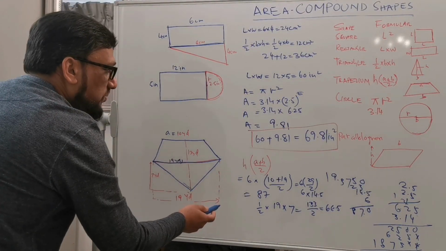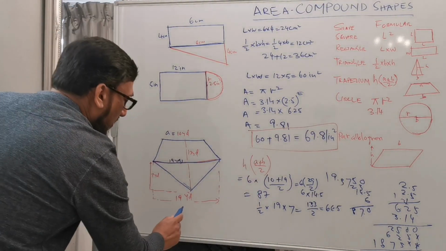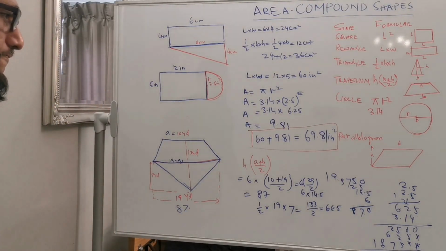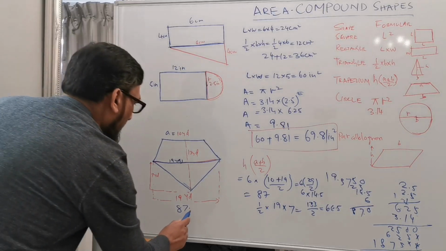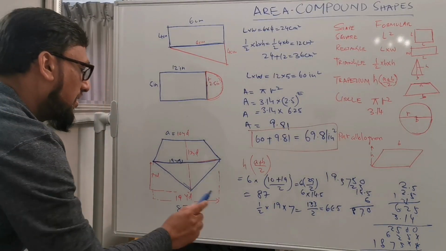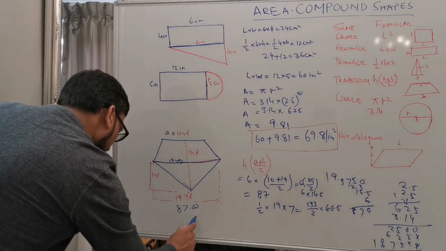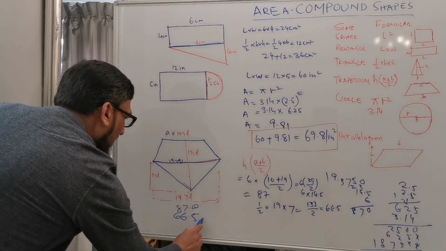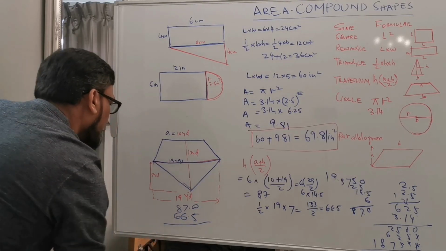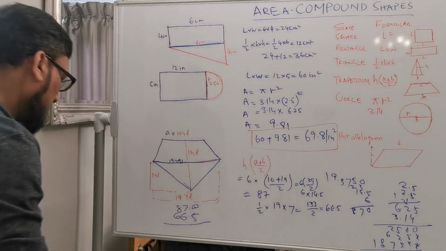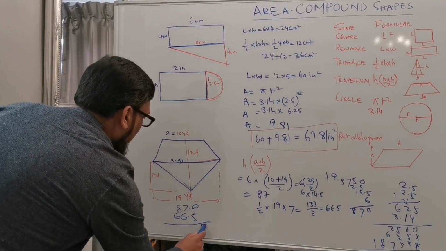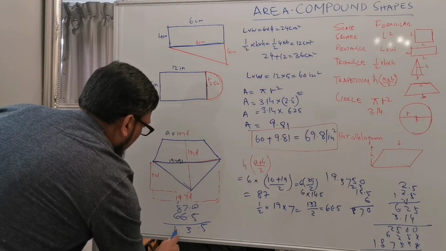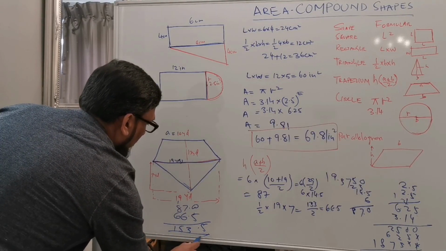So if we add the area of the trapezium, which is 87, and the area of the triangle, 66.5, it means 153.5.